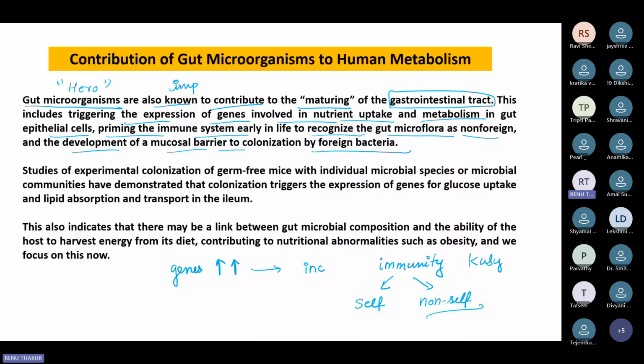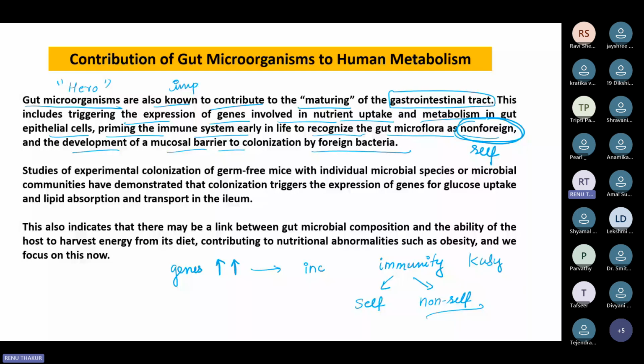Because if our immune system considers those microorganisms of the microbiome as foreign, it will trigger the response towards them and eradicate them. So it is very much necessary to consider them as non-foreign. Non-foreign means self. It is not at all harmful for our body. So all these three functions are performed by the gut microorganisms. See how beneficial they are for us.